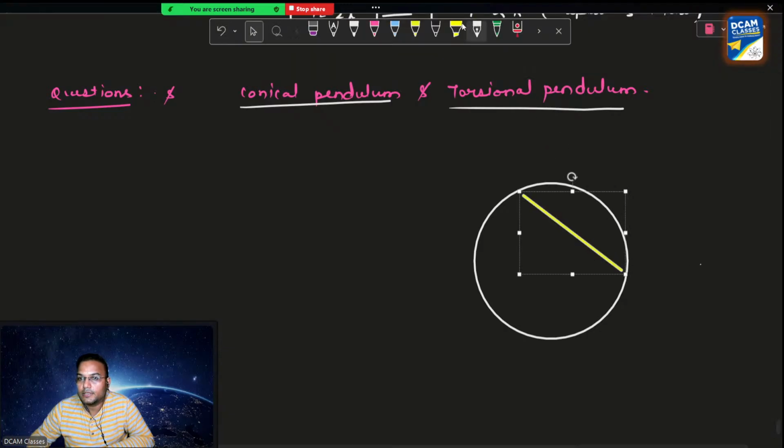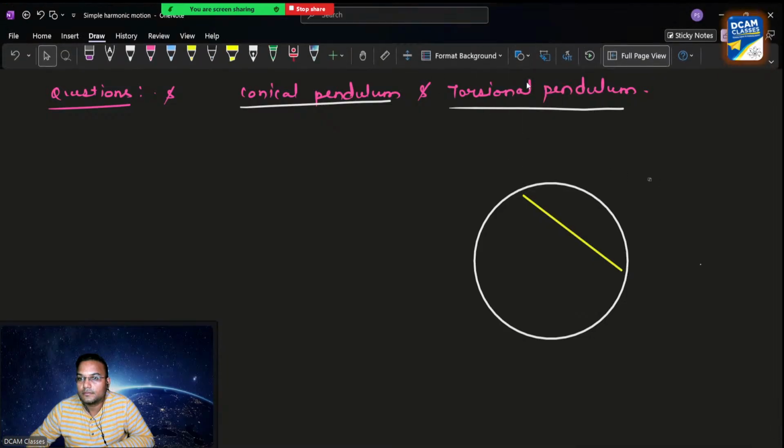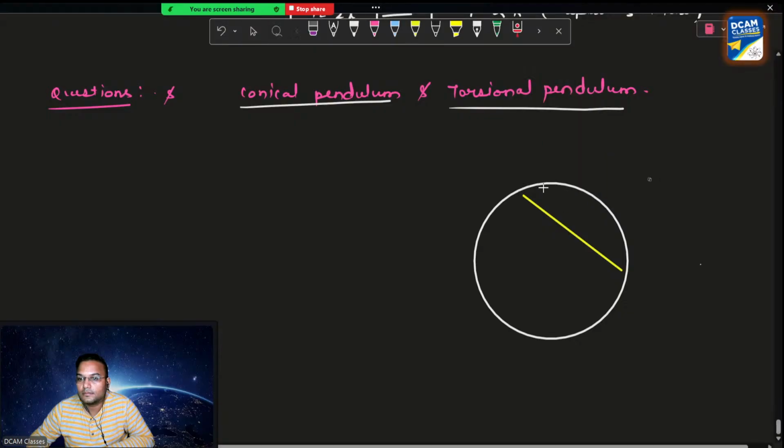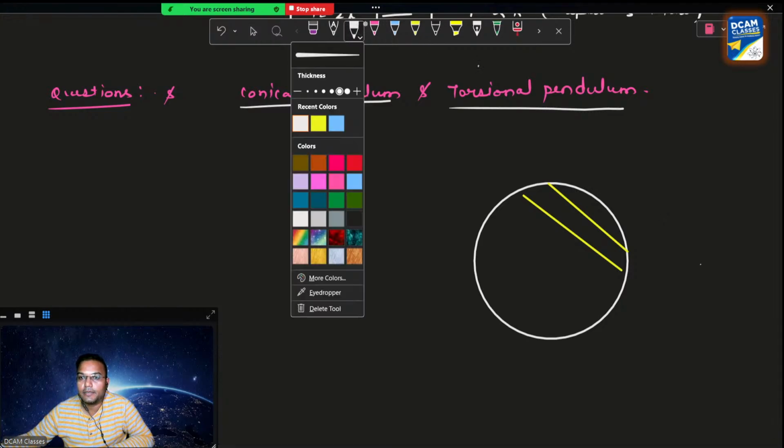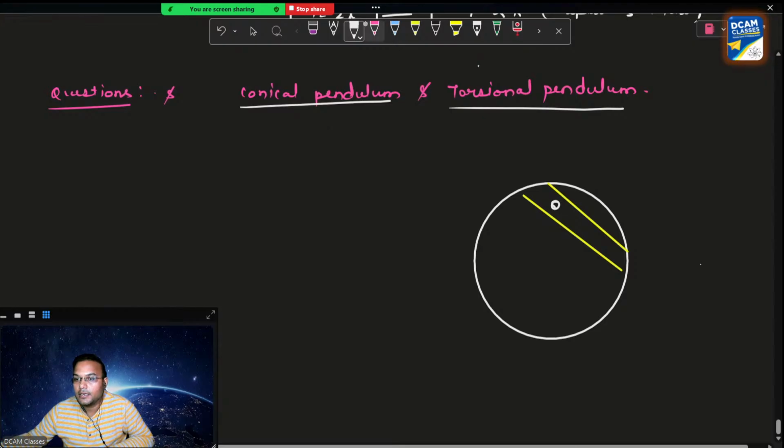Like this. This is one. The tunnel is like this. I have tried to draw it parallelly, but it's not done parallelly.